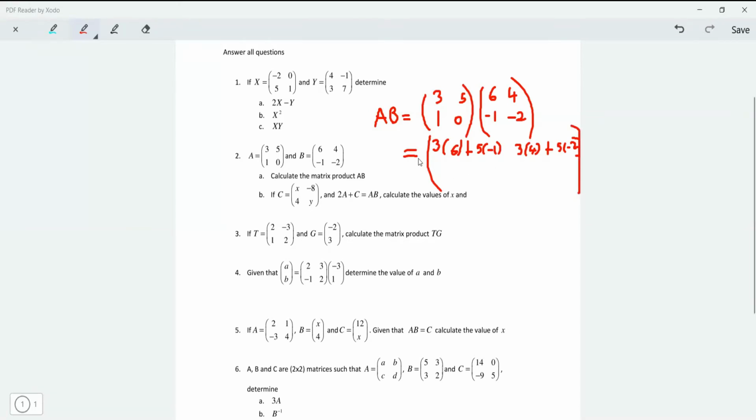Then down here now, second row, first column is 1 times 6 plus 0 times minus 1. And then this row by this column is 1 times 4. Then you have plus 0 times minus 2.